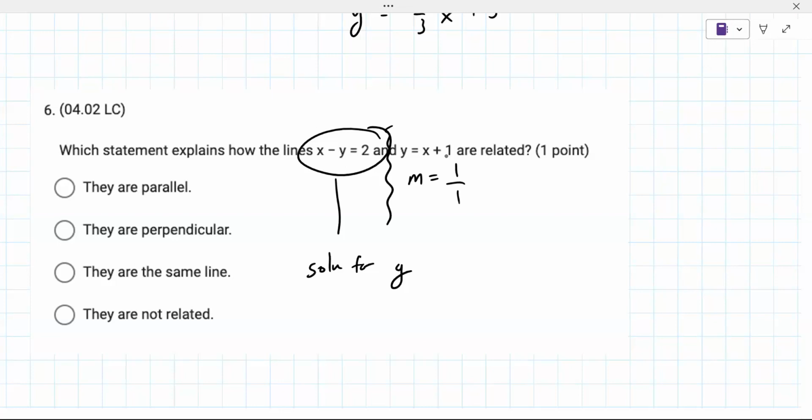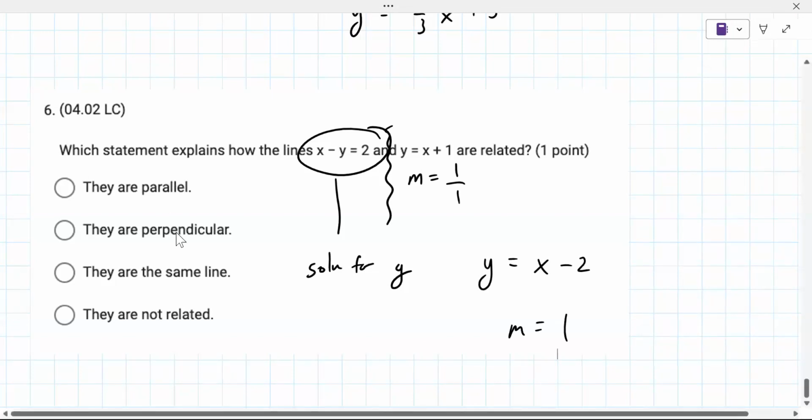All right, I got y equals x minus 2. Okay. What is the slope of this one? 1. It is 1. What do you know about the slopes now? They're the same. So what does that mean? Are they parallel, perpendicular, or same line?